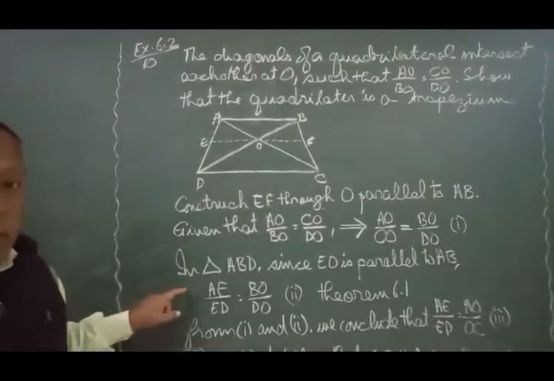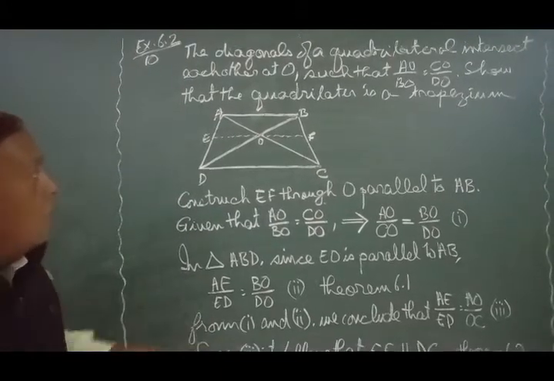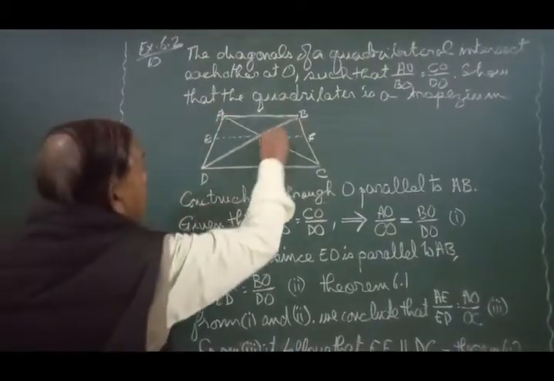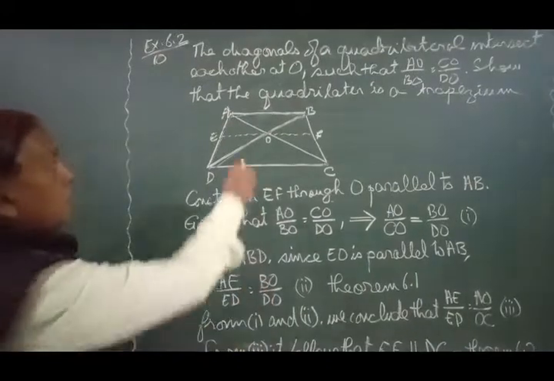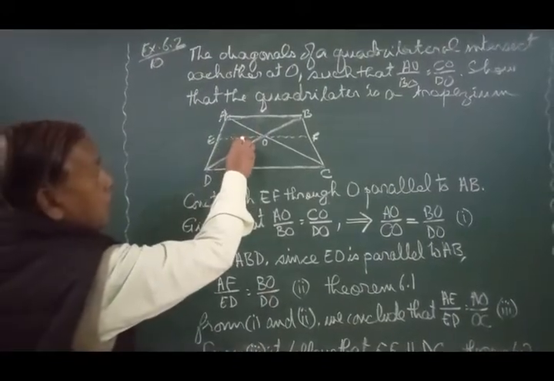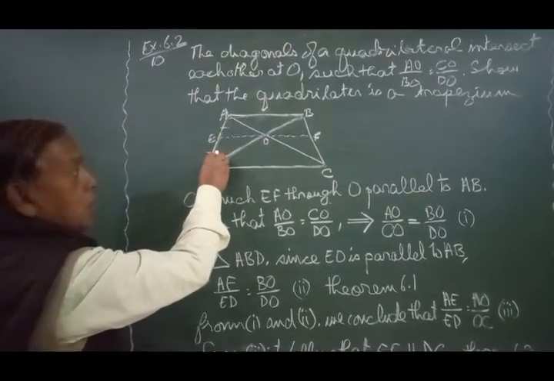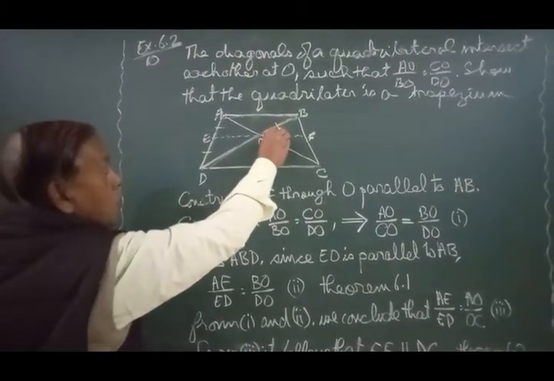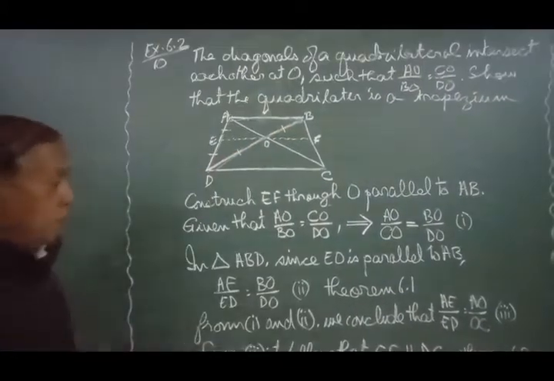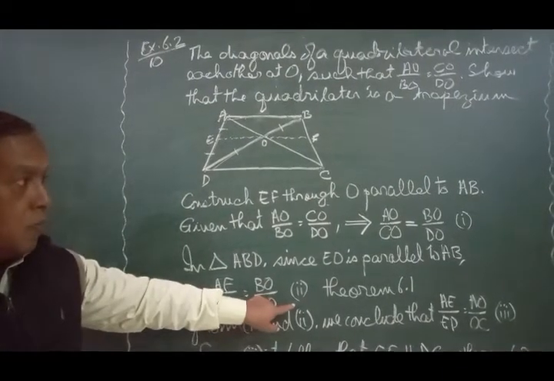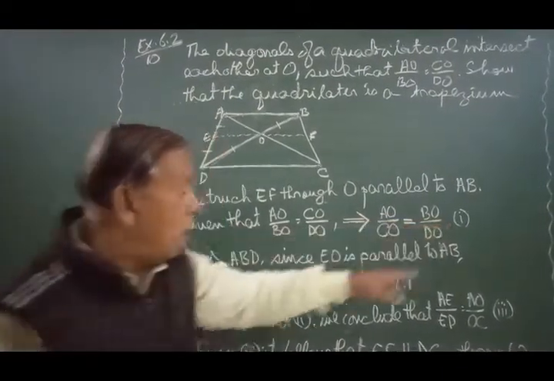We come to the proof. In triangle ABD, these two are parallel, and therefore EA upon ED is equal to BO upon DO. So this is our first proof, and we have the second.